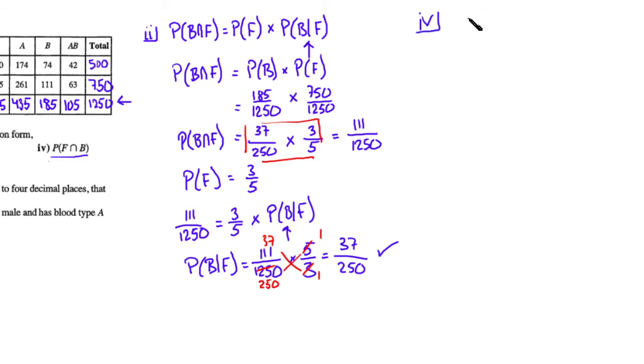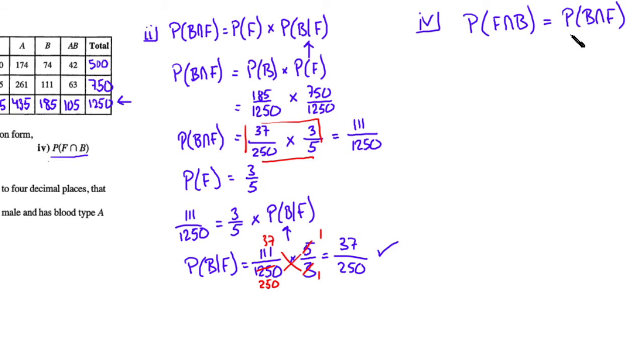So what's important here is that the probability of female and blood type B is going to be the same as the probability of blood type B and female. So if you think of this in terms of set theory, this is essentially set theory notation where we're looking at the intersection, the overlap between, in this case, these two sets, F and B, females and blood type B. So it doesn't matter which way you write it, it's going to be the same, right?